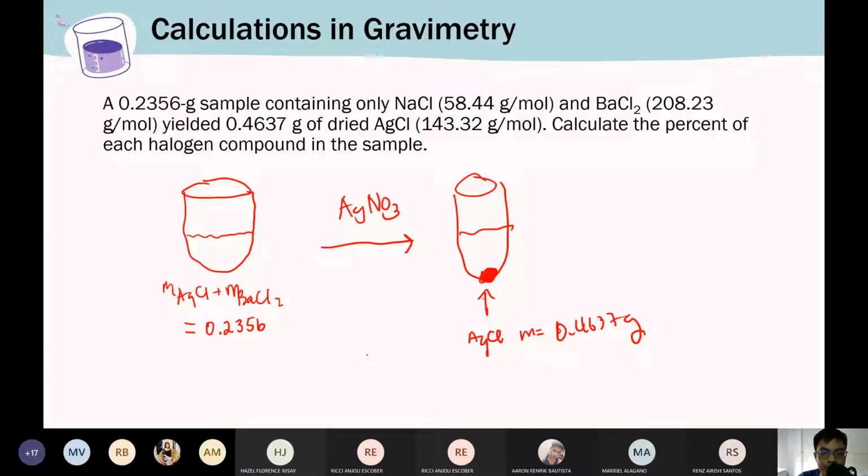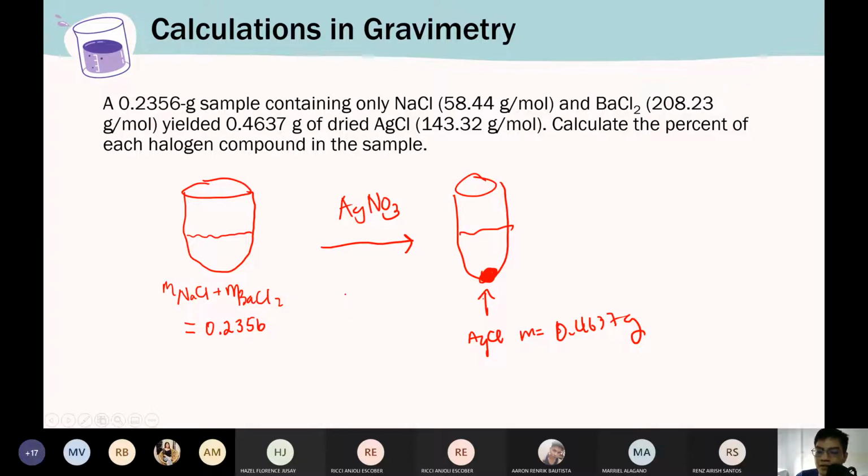The AgCl from NaCl and the AgCl from barium chloride suffered the same fate.